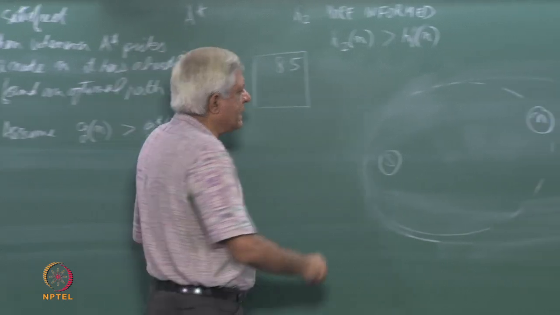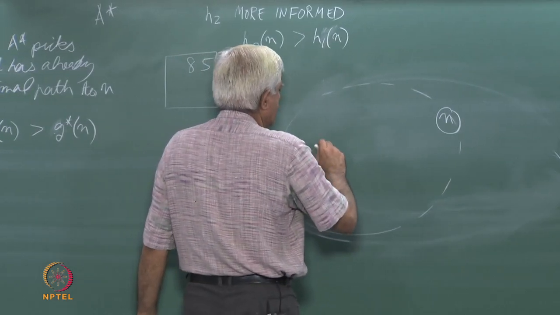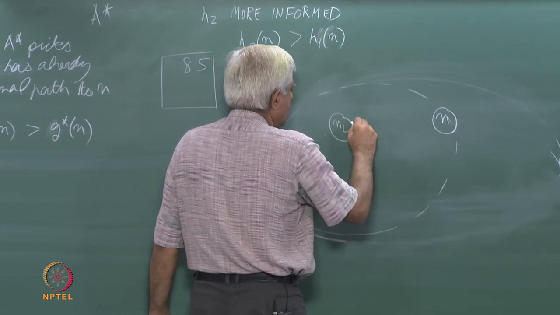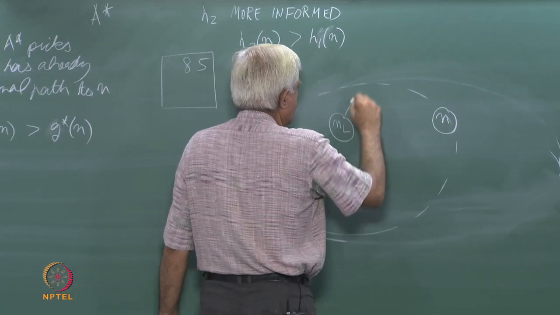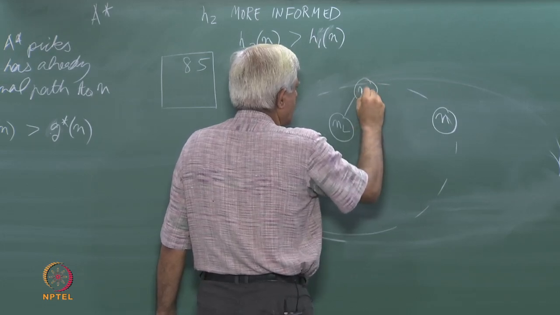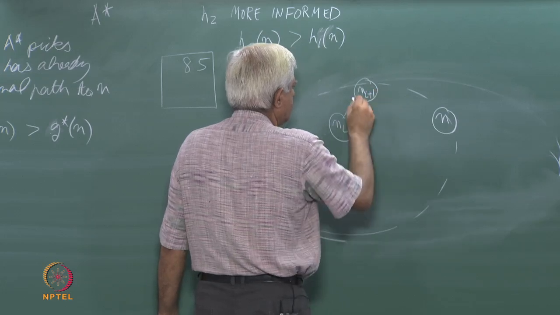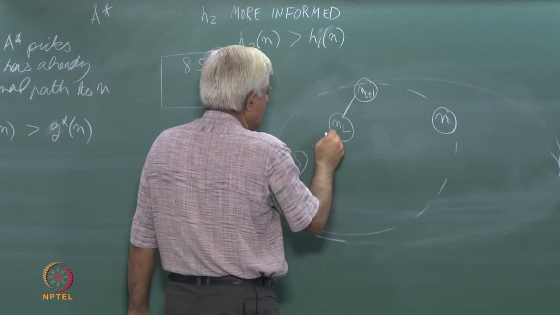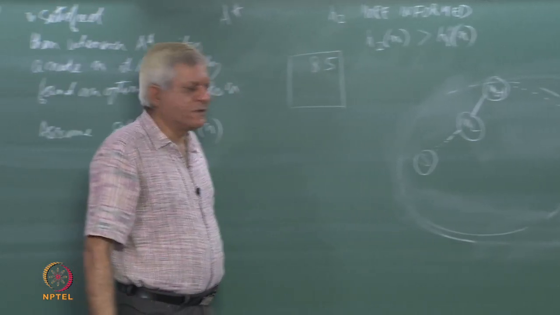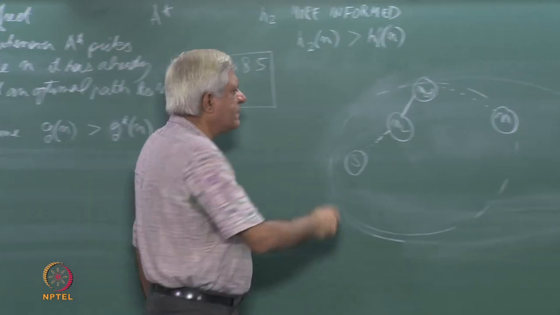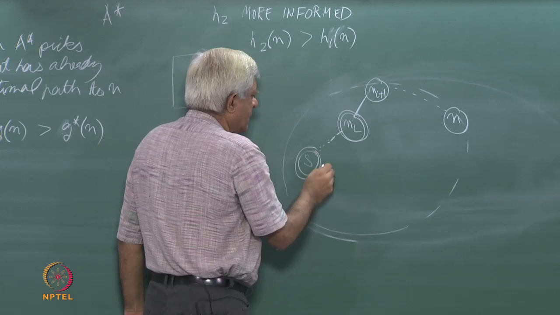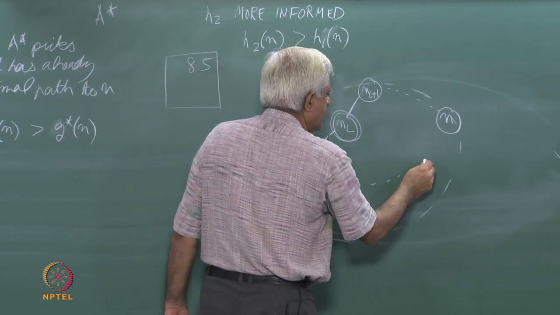So, let this be the optimal path to the node n, and let us say that this is closed, and let us say that A star has found some other path.